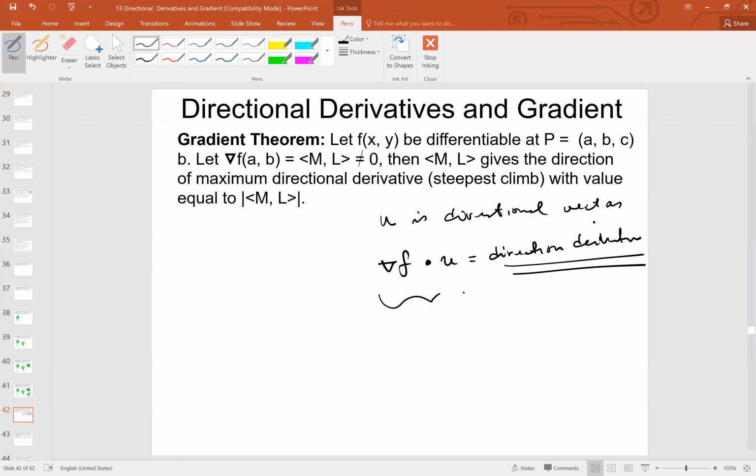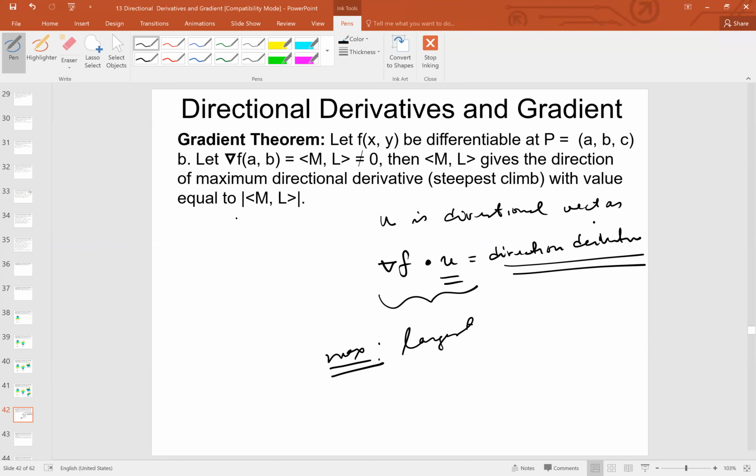And then the question is, when is this the biggest, the max? The larger it is, the steeper the line is. That is the direction of the steepest ascent, assuming it's positive. So which u is the maximum?